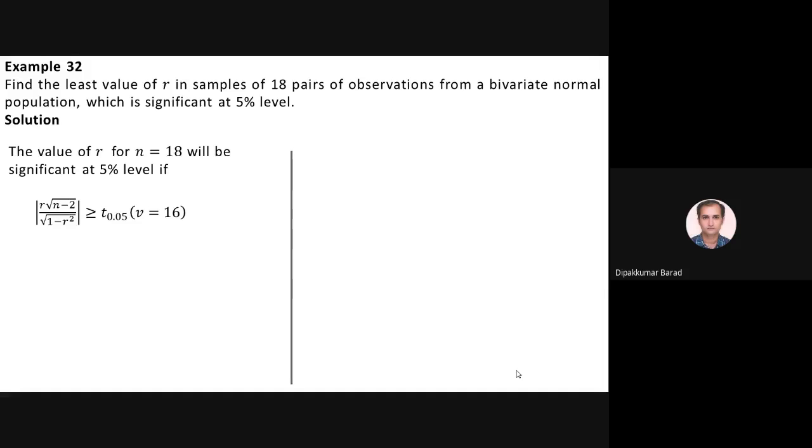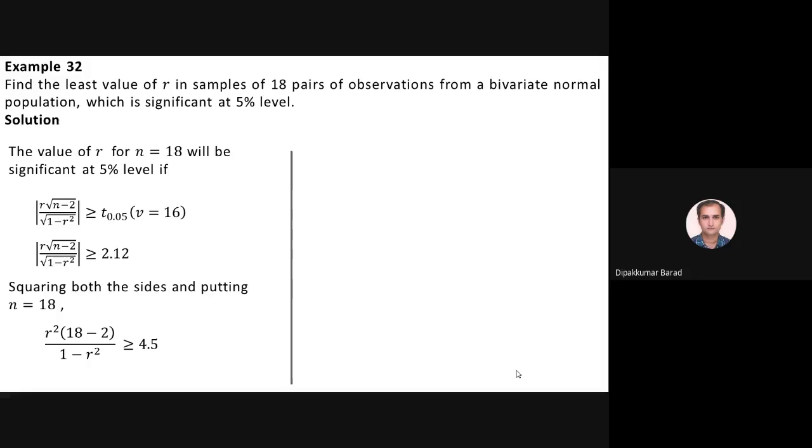Find the least value of r. So we have to find this absolute value of r under root n minus 2 upon under root 1 minus r square, which is greater than or equal to 2.12, which we get from the table. Squaring both sides, putting n equal to 18, under root 16 means 4, over under root 1 minus r square, greater than or equal to 2.12.